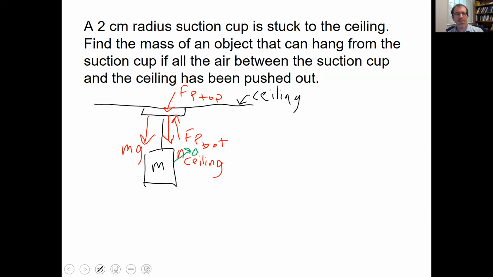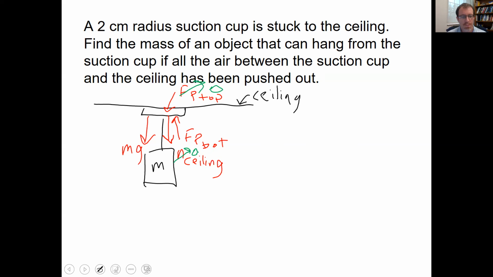What else? I said that the area between the ceiling and our suction cup was evacuated of air. All of the air is pushed out. So that means there's no pressure between the suction cup and the ceiling. So our force there from air pressure on the top surface of the suction cup is 0.